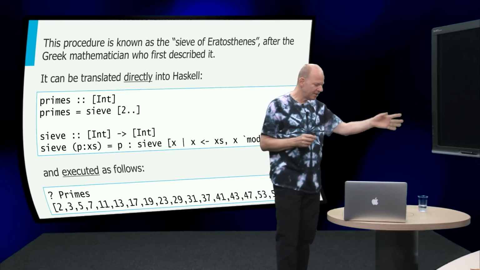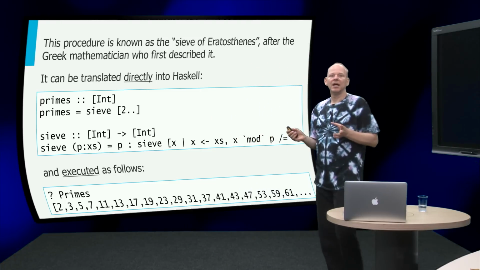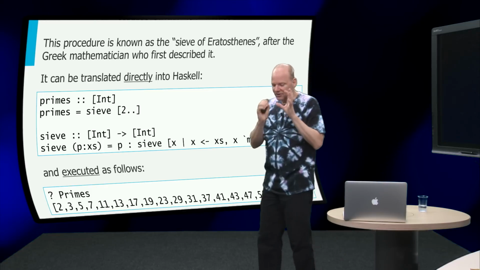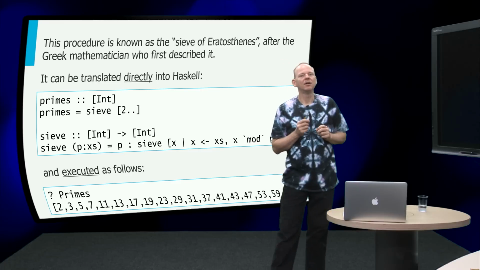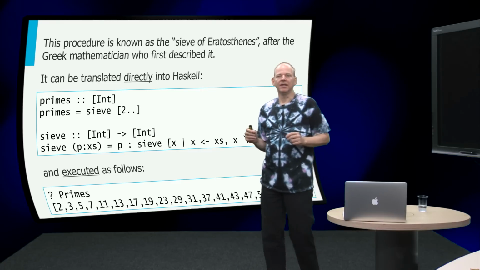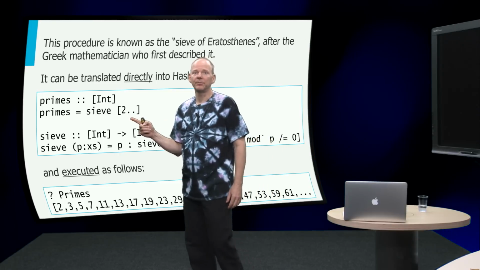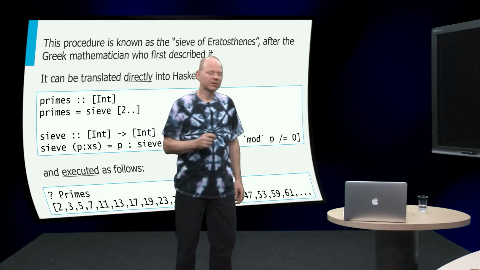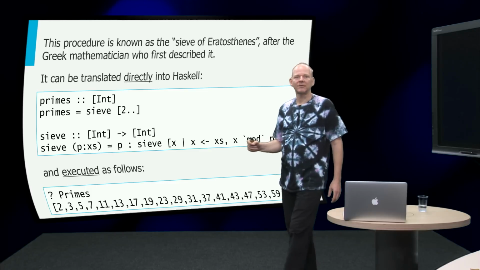You can spend years researching that. It's a beautiful area. But this is the simplest version of this, and to show you the power of lazy evaluation and infinite lists. So we start here with the infinite list of natural numbers starting at 2, and then we're going to sieve out all these numbers, just following that recipe.